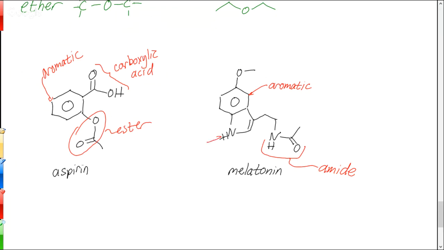Right, there's an amine also. Even though they look the same, NH and NH, because one is next to the carbon double bond oxygen, that's a different type of functional group.